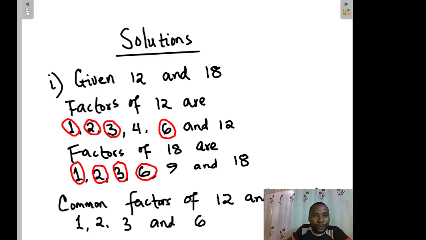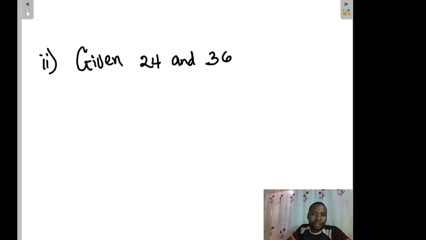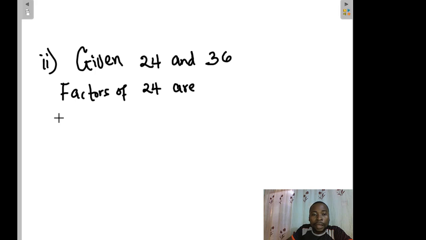So it is that simple. I guess you can even do the other ones already. Let's check 24 and 36. Okay. So let's go back. Factors of 24 are, we have 1, 2, 3, 4.